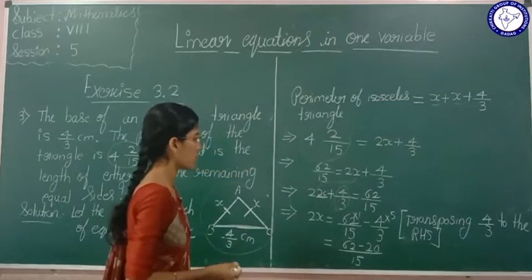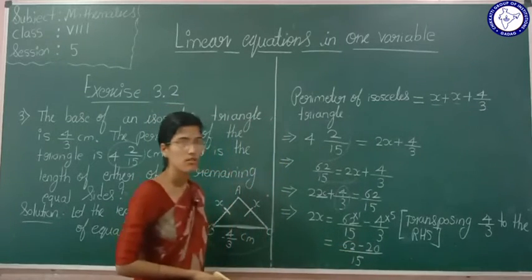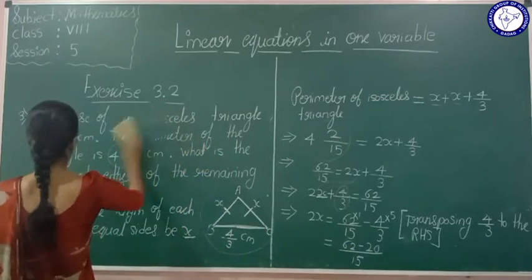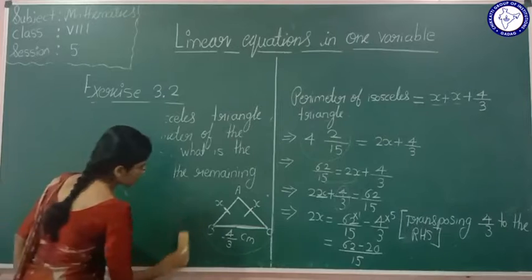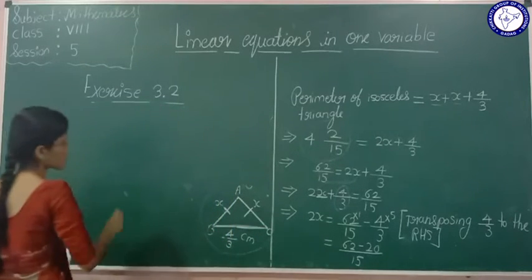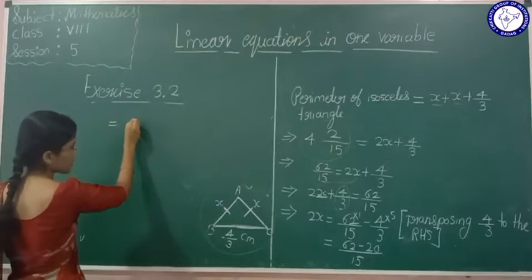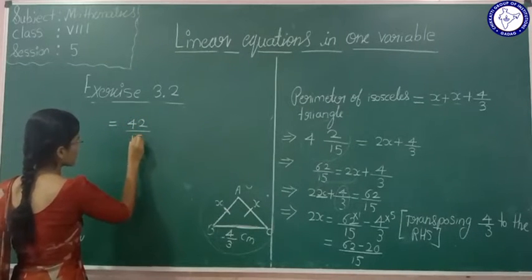So 62 minus 20 is how much? It is 42. 2x is equal to 42 by 15.